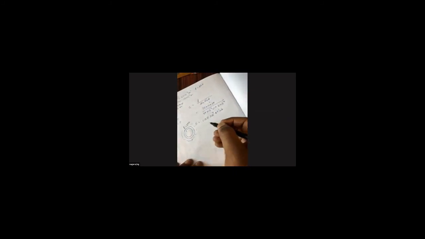You know the formula for finding inductance of a toroid, L is equal to mu naught into N squared. What is the formula for finding inductance of a toroid? Mu R into mu naught into N squared into A divided by 2 pi R. Get me inductance of the toroid. You know all the values there.